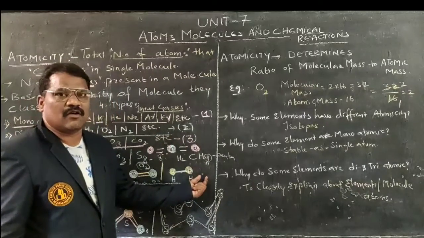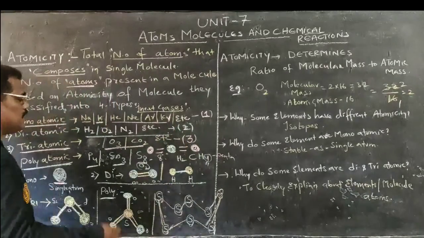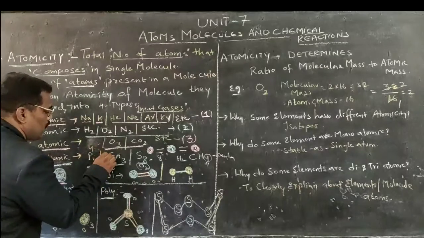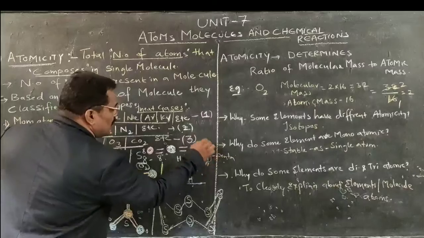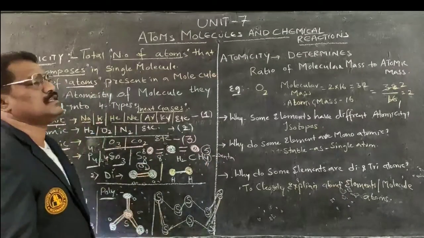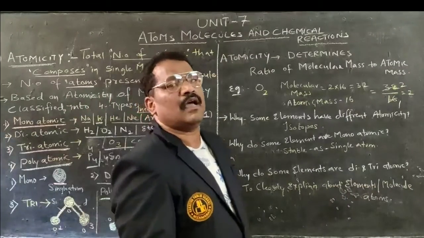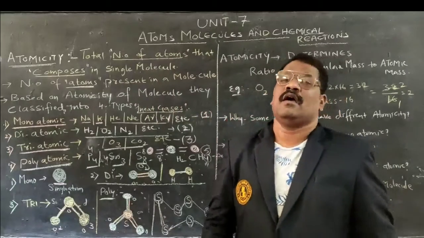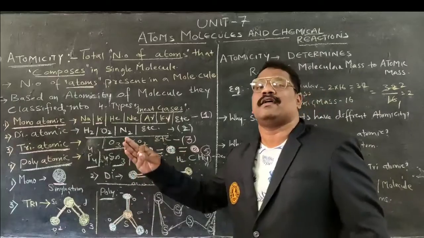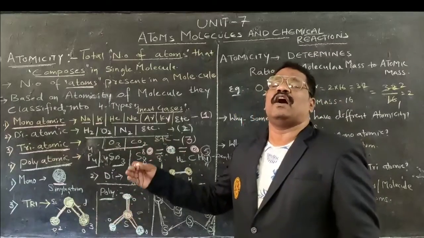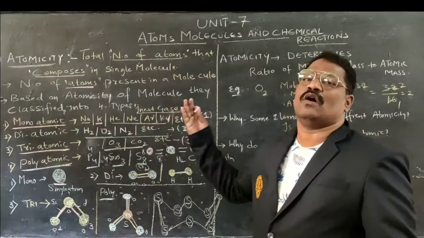In this way, here atomicity is 4, here 8, here 5. If more than 3 atoms exist, we call them polyatomic molecules, whose atomicity can be 4, 5, 6, 7, 8 and so on.